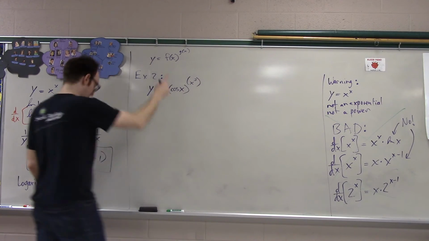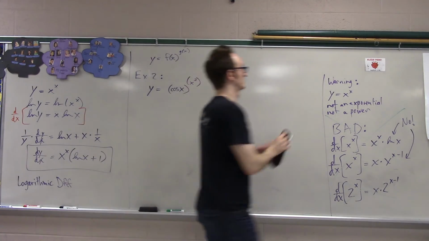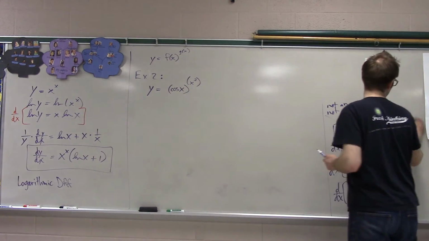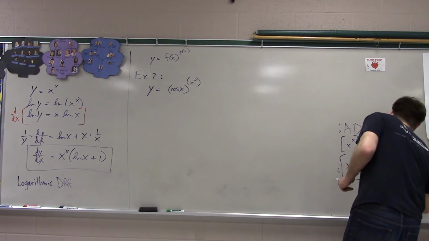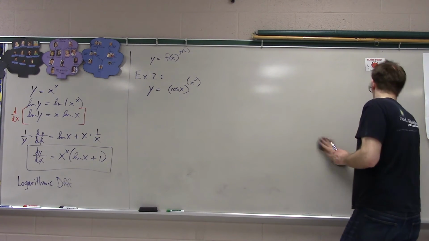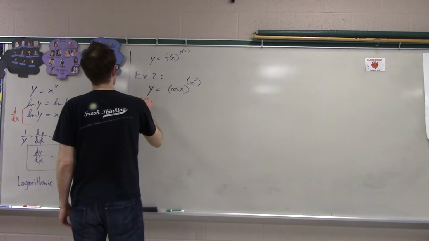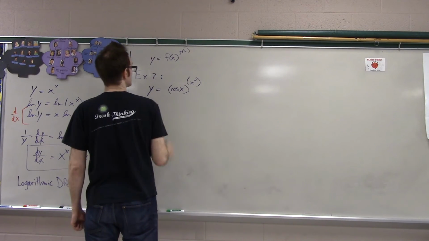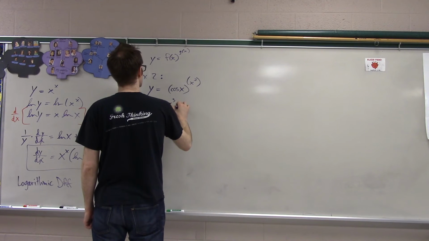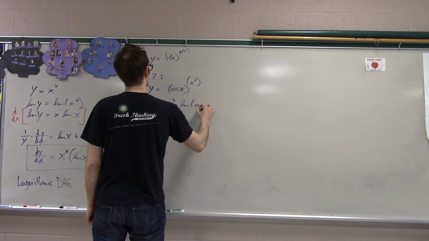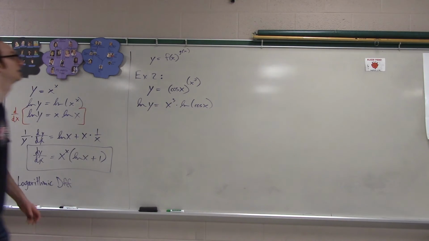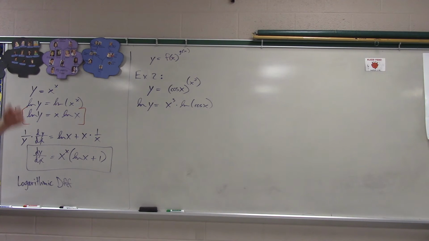Exponentiation is right associative, so that means that. So, take ln of both sides. Apply log rules. And now differentiate implicitly.